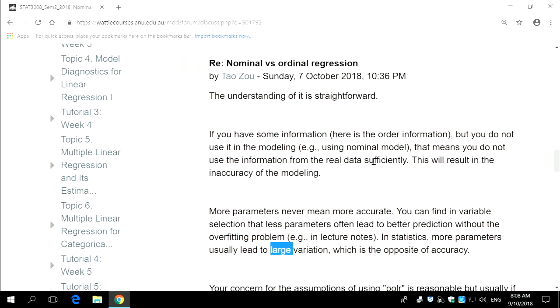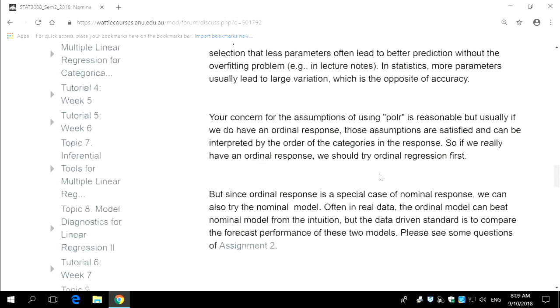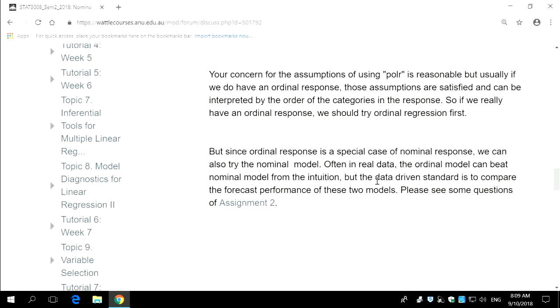And if you really have the information of the order, my suggestion is to try the ordinal model first in order to involve that information in your modeling. But in practice, if we really have ordinal data, intuitively the ordinal model should beat the nominal model.